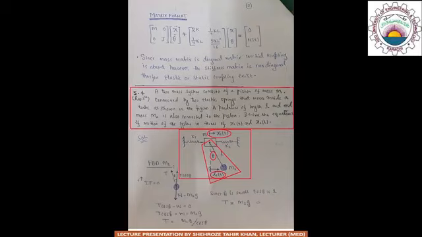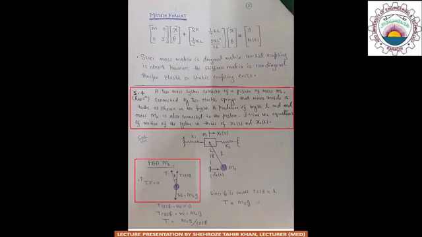Before formulating the equations of motion for the given system, we have to draw the free body diagram for the individual masses involved in the system. First take the pendulum end mass, which is m2, and draw its free body diagram. By assuming the string of the pendulum has negligible mass, we only consider the end mass m2.